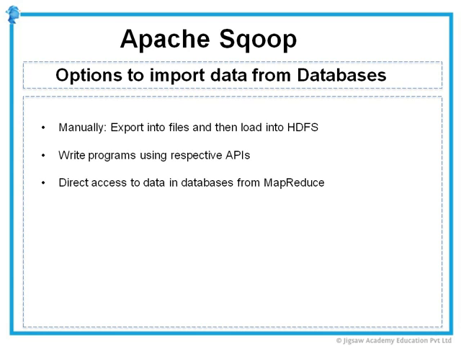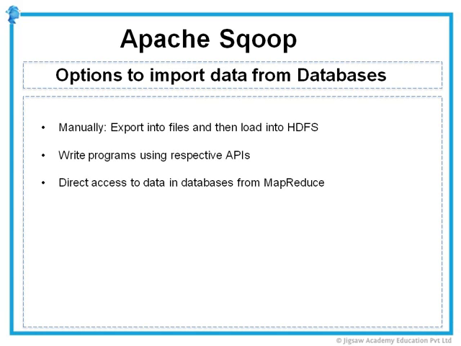This might be the better of the three options, but even this is not ideal as it complicates the applications and exposes the production system to the risk of excessive load originating from the cluster nodes. So as you can see, these are not elegant solutions for transferring bulk data from databases into Hadoop.